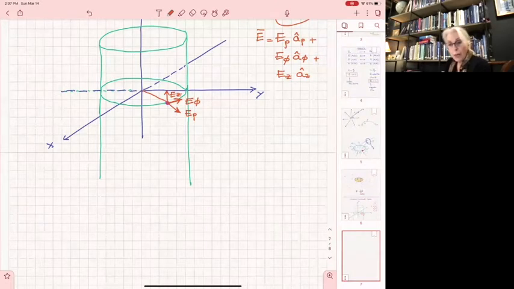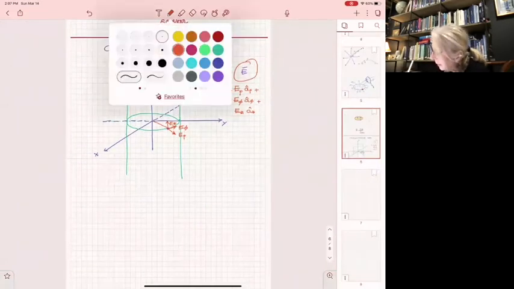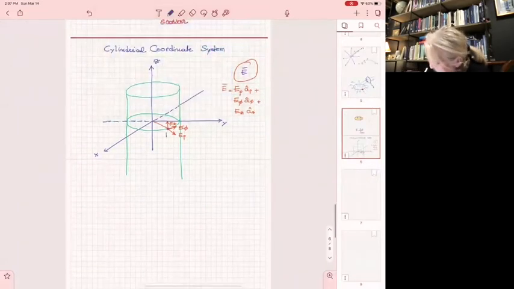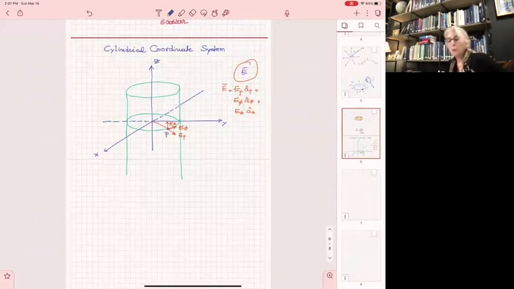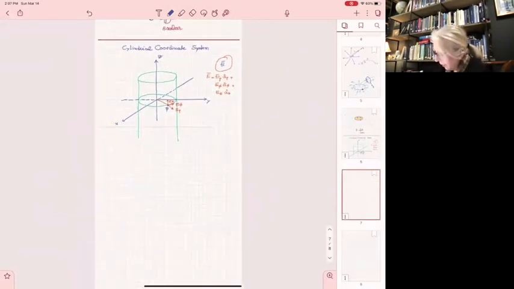Now, what is different between an X, Y, and Z system and a cylindrical or even a spherical? Let's try now to have 2 points. This is point P. Let's try to have 2 points in X, Y, and Z, and 2 points in the cylindrical. So here I will do it. Let me do an X, Y, and Z here.